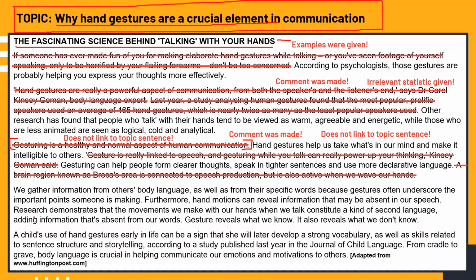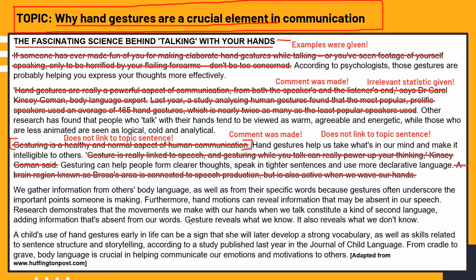Research demonstrates that the movements we make with our hands when we talk constitute a kind of second language, adding information that's absent from our words. Here again we see it mentioning that it provides information that is absent in our speech. So it's basically saying the same thing as the previous sentence. So this is a supporting detail because it is repetition. It's saying the same thing in a different way.